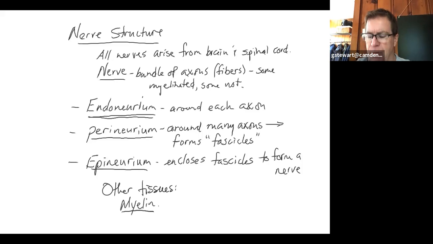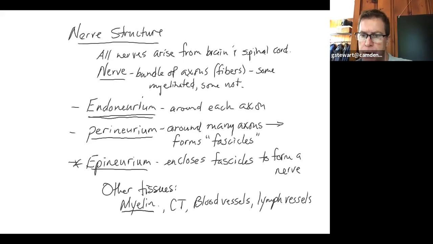Also within a nerve, there is plenty of connective tissue. So I'm just going to write CT. There are blood vessels and lymph vessels, also found in the epineurium, in that wrapped nerve, are all of these tissues and structures. So that basically makes up the structure of a nerve.